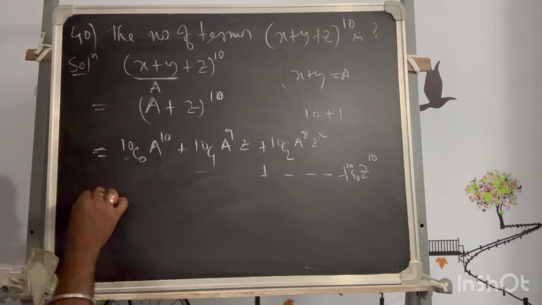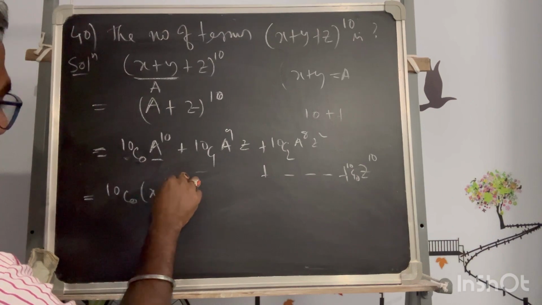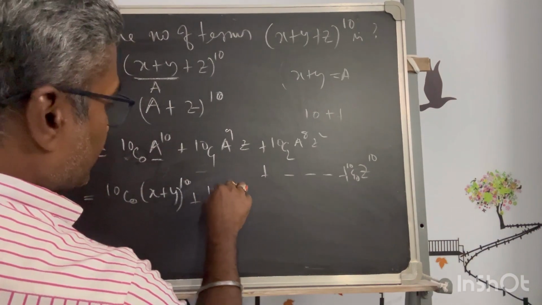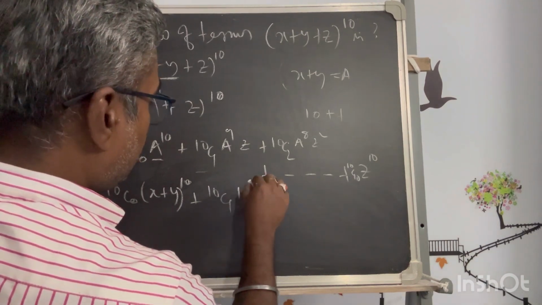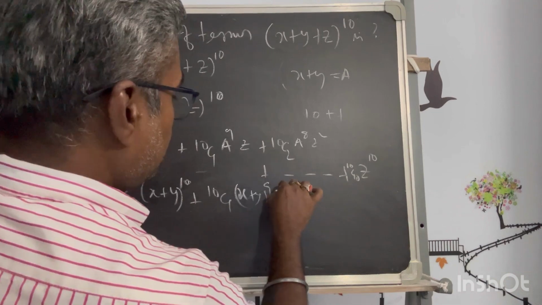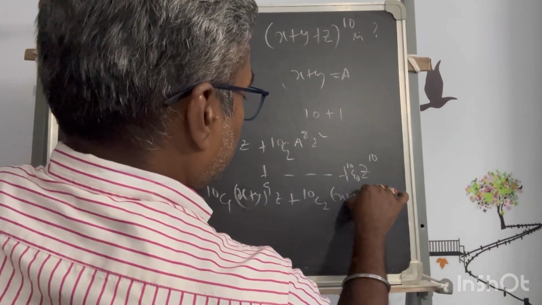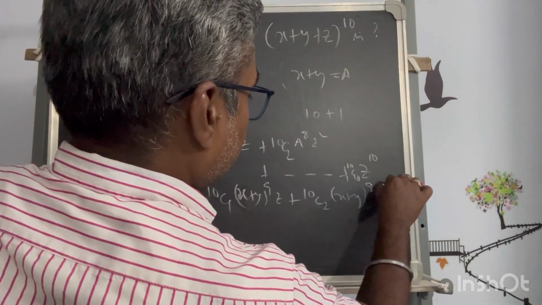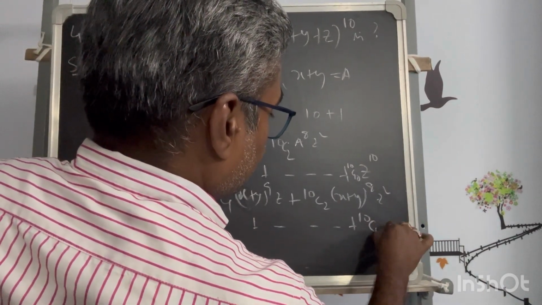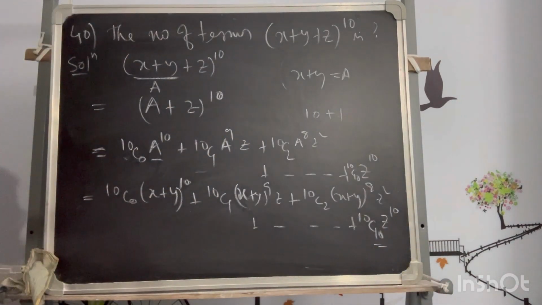Now further, if I expand this, putting x plus y back, it is (x plus y) whole to the power 9 z plus 10C2 (x plus y) whole to the power 8 z squared and so on. One thing you have to understand: the last term does not contain any x and y.